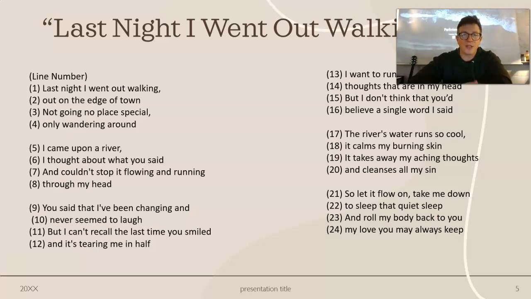Every line is rhyming: town, around, said, head, laugh, half, head, said, skin, sin, sleep, keep. So it presents itself as a traditional modeled poem with four lines per stanza.